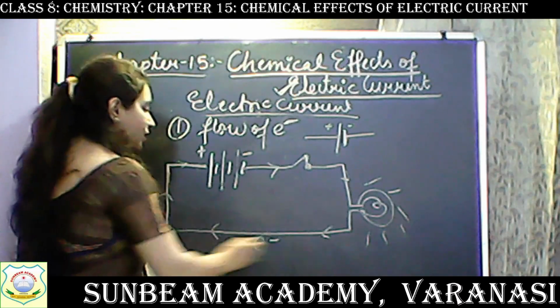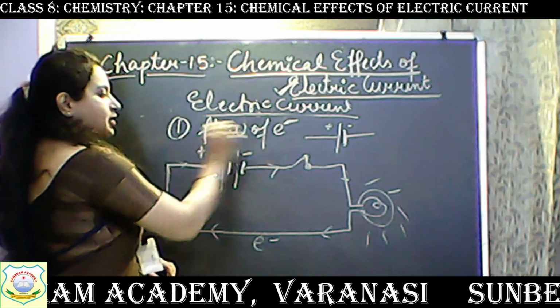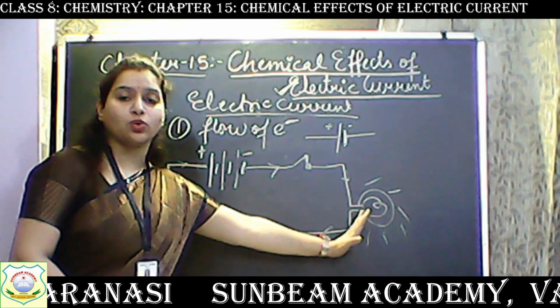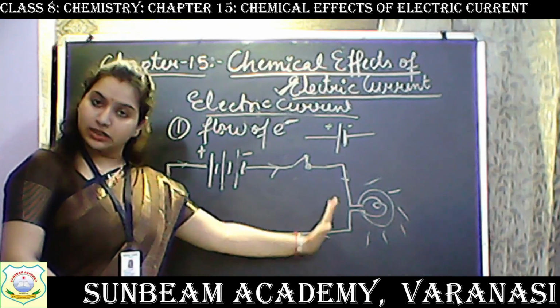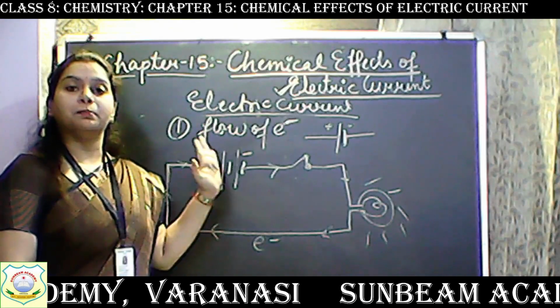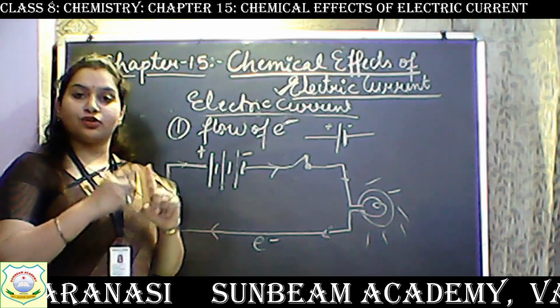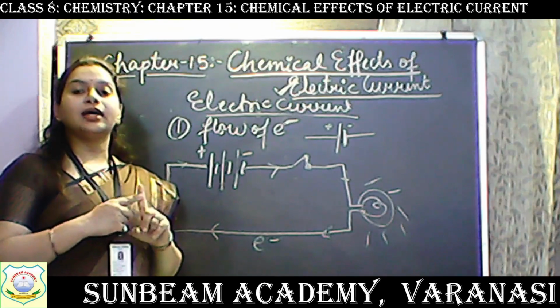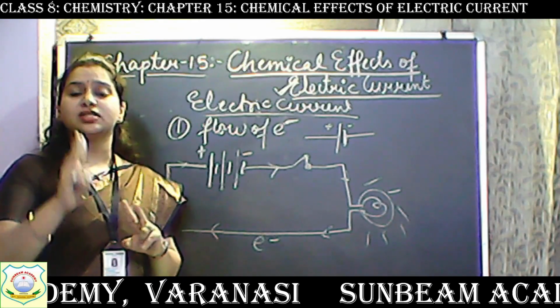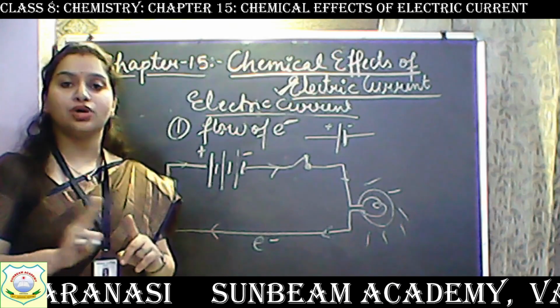Electrons flow करेंगे और जब electron flow करेगा तब electric current pass होगा, electric current pass होगा तब जाके हमारा कोई भी appliance work करेगा. So these are the two things that are very important: first, flow of electron, and second, a complete closed circuit, for a current to flow.